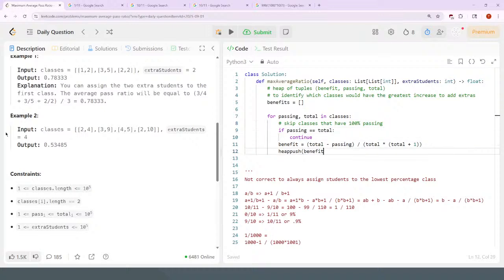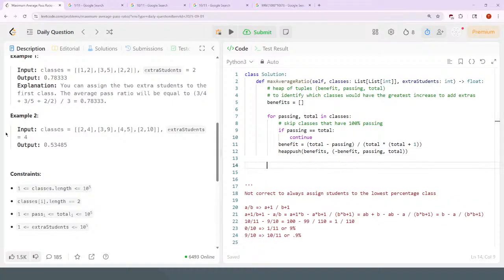So onto the benefits heap, push the tuple that is the negative of the benefit, and then I want to have the passing and total values currently.